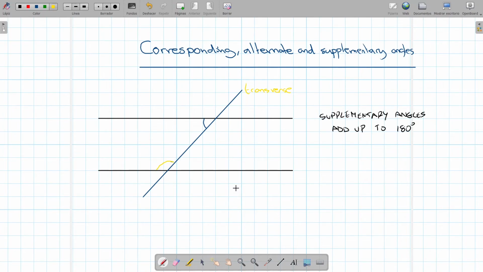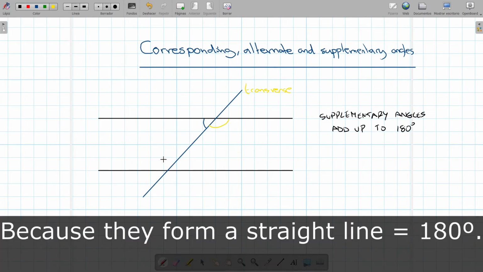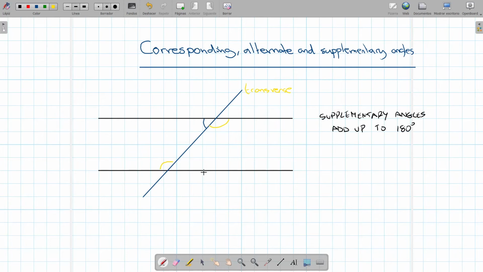There's an easy way to remember it. If you remember that this angle and this angle add up to 180, the yellow angle here equals this one. We've also already seen that that's alternate angles. And if they're alternate angles, and the blue and the yellow add up to 180, then A and B also add up to 180.